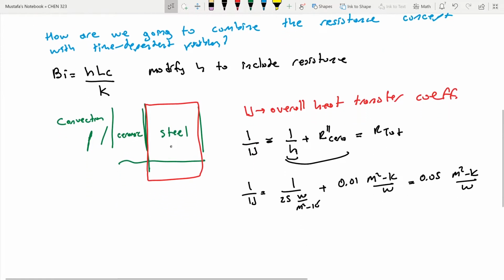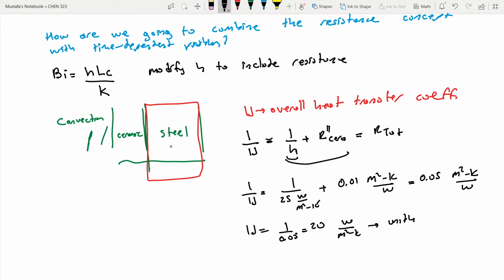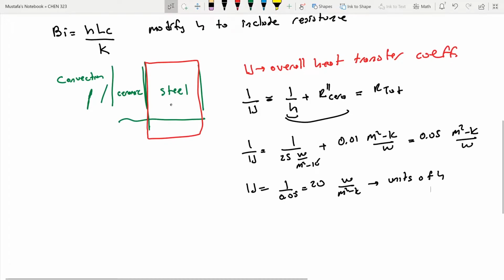So that means U is 1 over 0.05, which is 20 watt per meter square per Kelvin. Again, this has the same units as H. So we now found an effective convective heat transfer coefficient for the system, which is U.